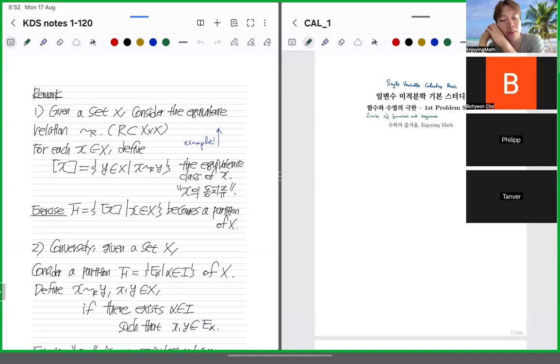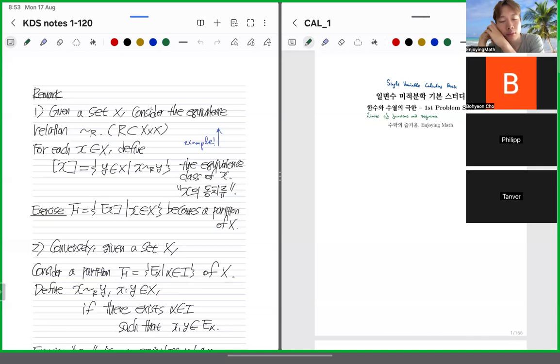Let's say we have a set whose elements are one and two, and we define a relation R with only the ordered pair one, two. So we have a relation, and the ordered pair one, two means one is related to two, not two is related to one.